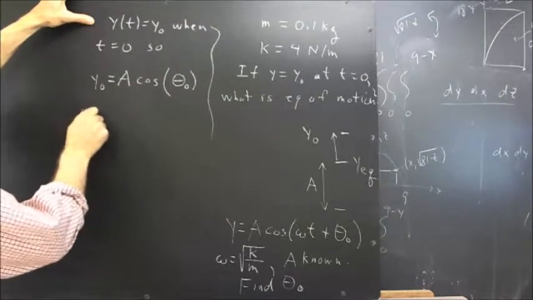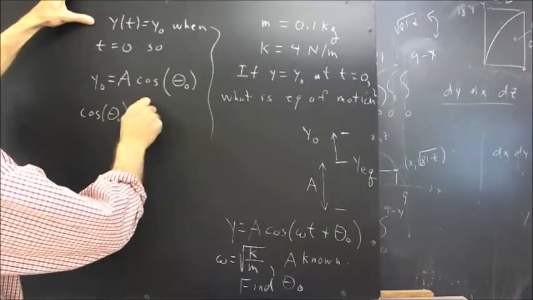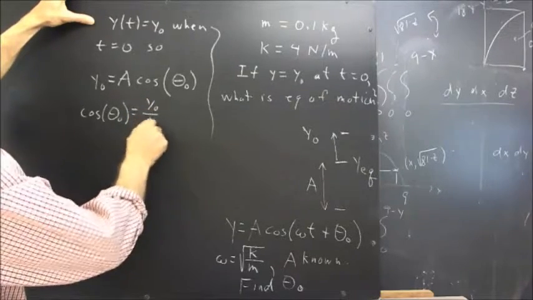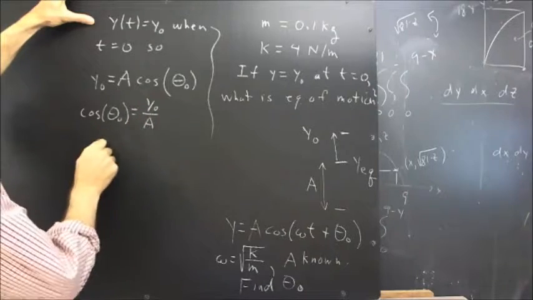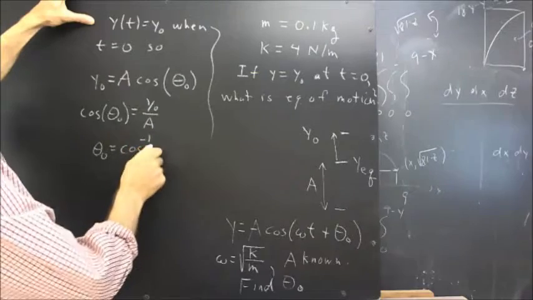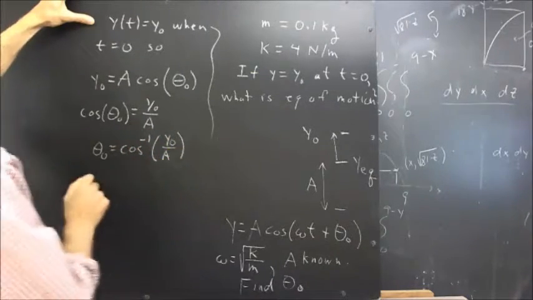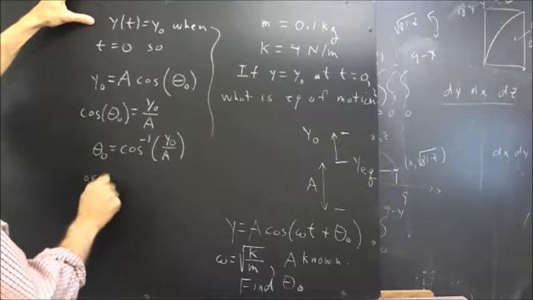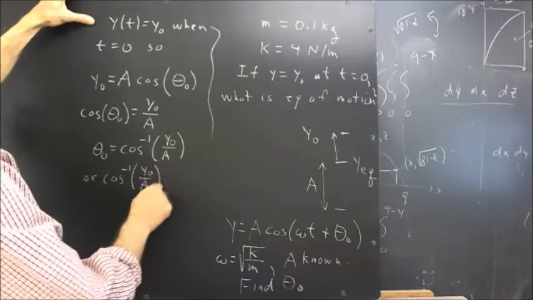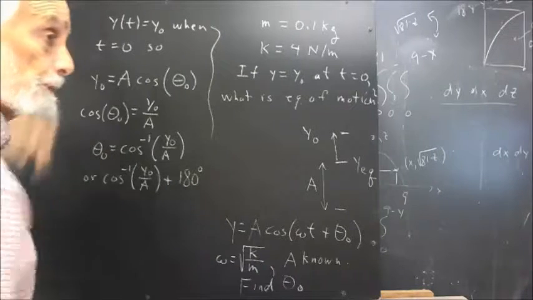So we have cosine of theta naught equals y naught over A, so that theta naught equals the inverse cosine of y naught over A, or the inverse cosine of y naught over A plus 180 degrees.